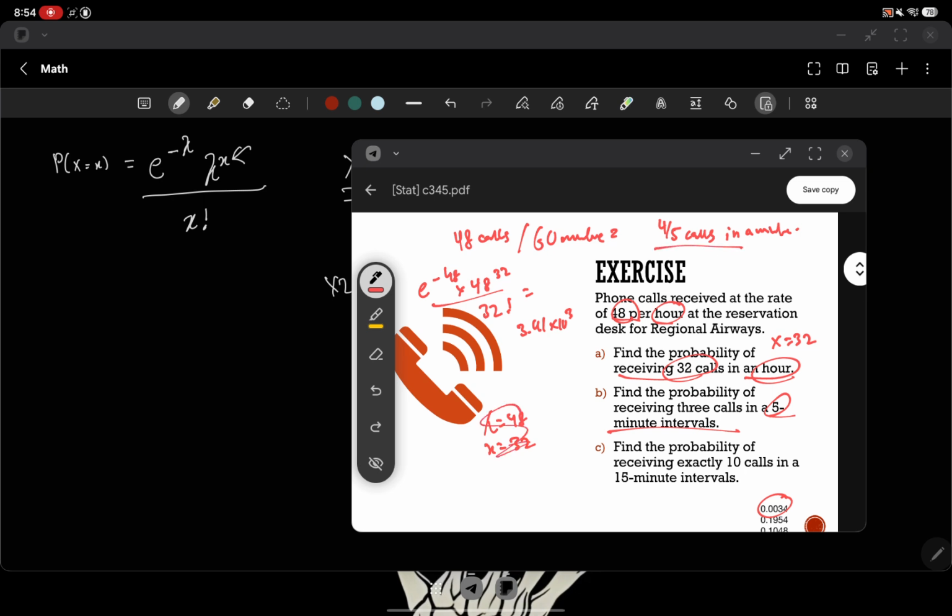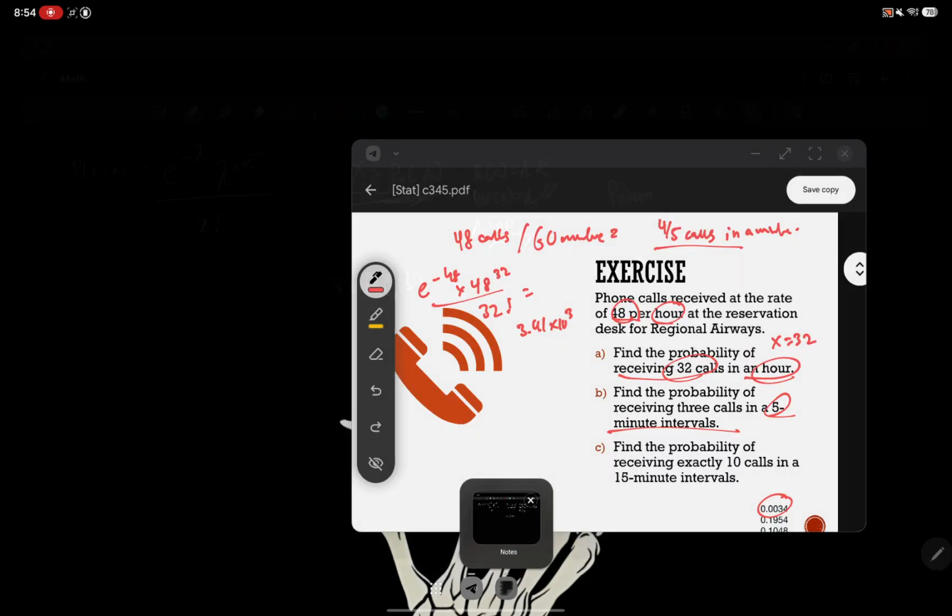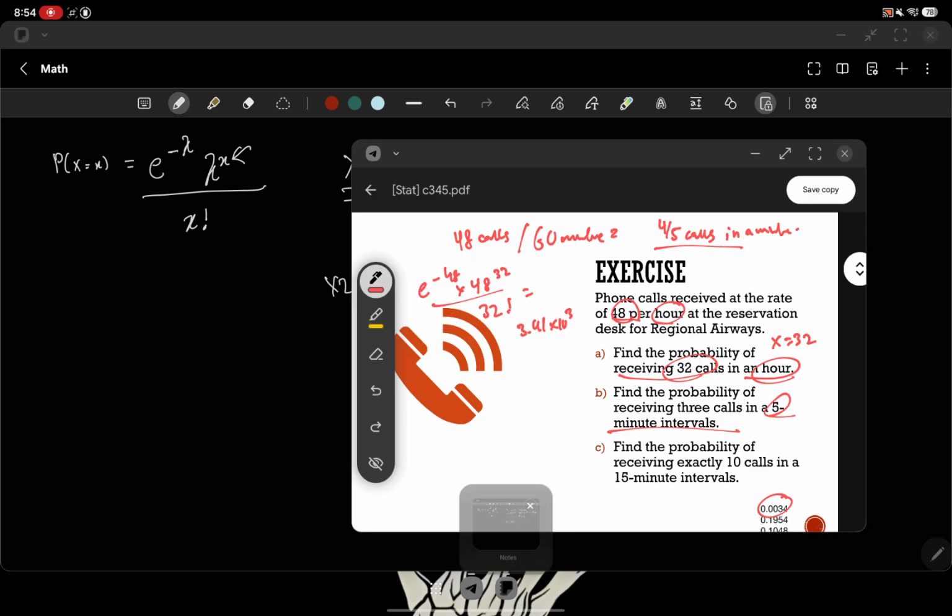So the mean for 5 minutes would be 4 over 5 times 5, which gives 4. Now they said 3 calls, so 3 is our x. So e to the negative 4 times 4 to the power of 3 over 3 factorial.